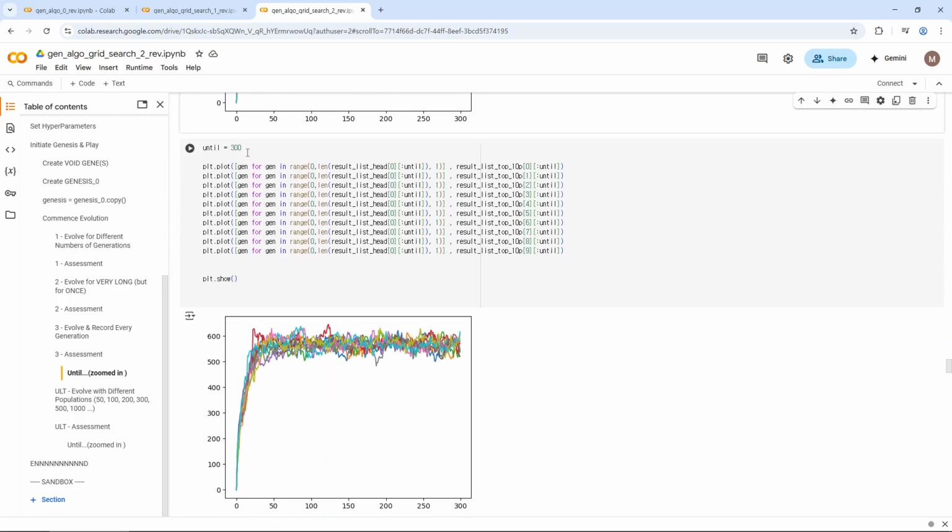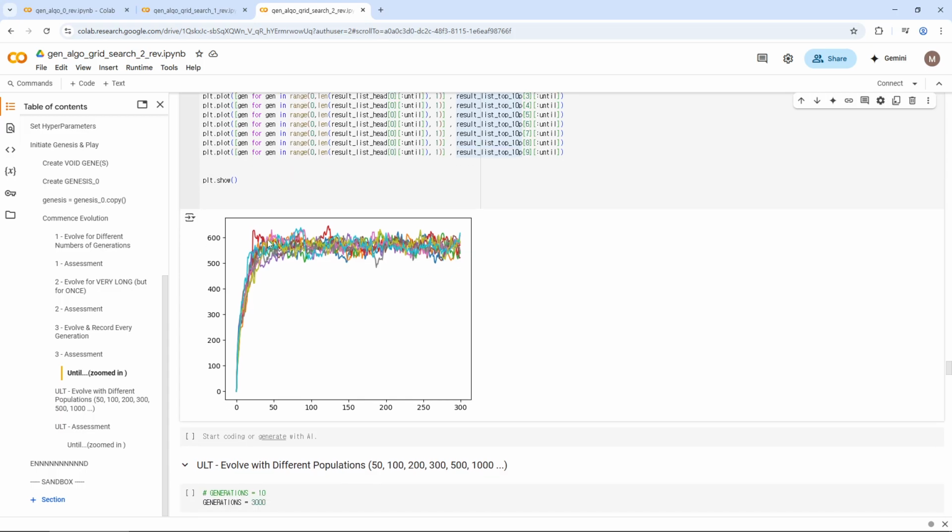Until generation 300 for the top 10% entities, same thing. It just goes up and then goes down, and so this is very unstable. So apparently 50 entities for the initial population, and at most 70 entities, is not a good idea.